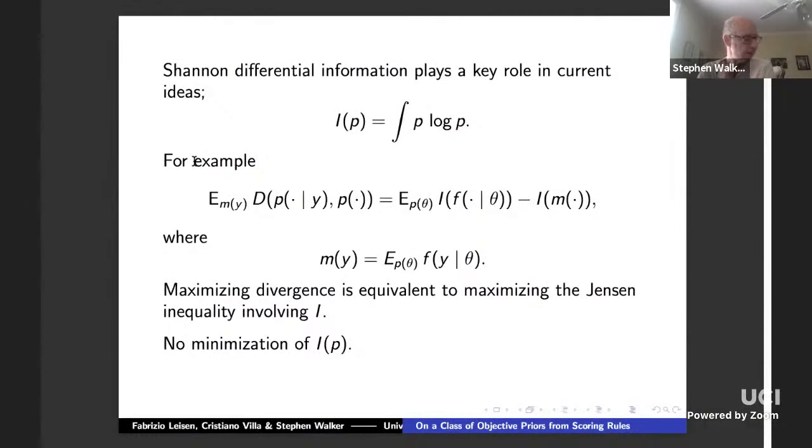Okay, so I'm going to run through each of those and elaborate on them a little bit more, not necessarily in the order in which I've just written them. So, as I was saying, the key ideas that traditionally are used with Bayesian assessment of procedures involve three items, I'd say: the differential information, Kullback-Leibler, and score, log score.